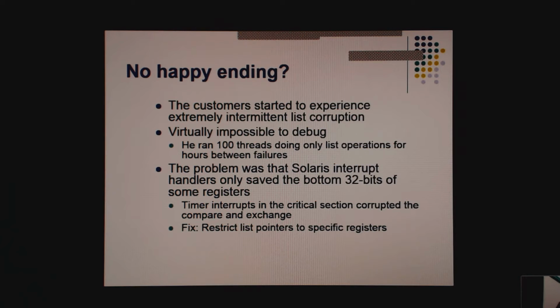Okay, well, because we need a 64-bit compare and swap, timer interrupts that would once in a great while occur during the section corrupted the compare and exchange. Okay, like, how many of you guessed that that was the problem?